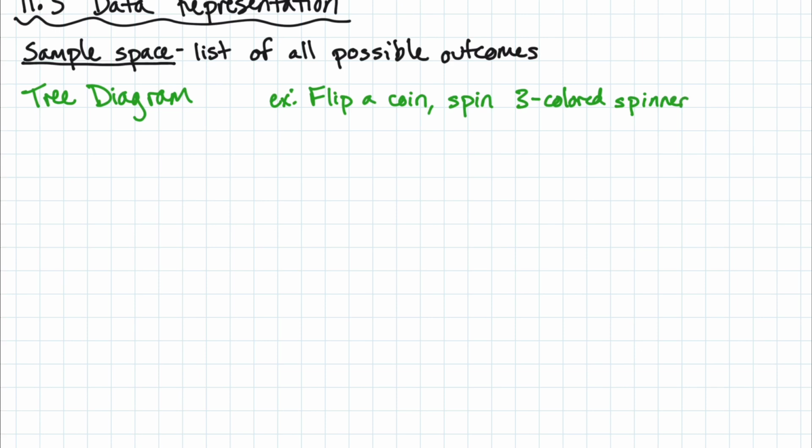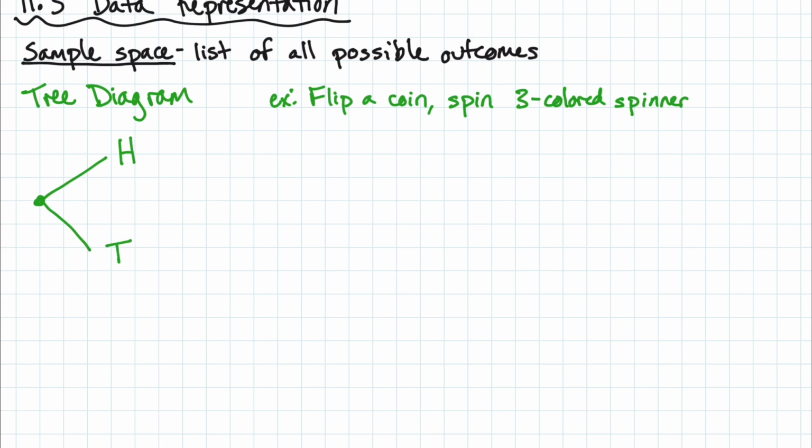I think tree diagrams are kind of fun because it's basically an illustrated version of Choose Your Own Adventure, where here's your point of decision, the first point, and now I'm going to branch off with the choices, or I guess the possible outcomes of my first event. So with flipping a coin, my possible outcomes are heads or tails.